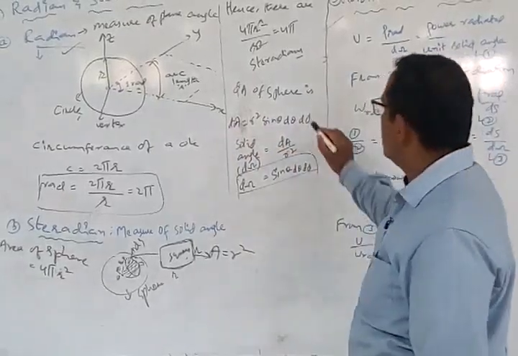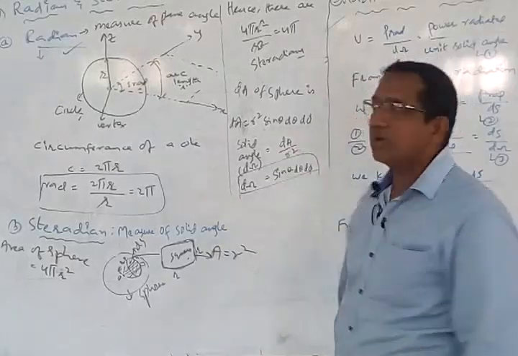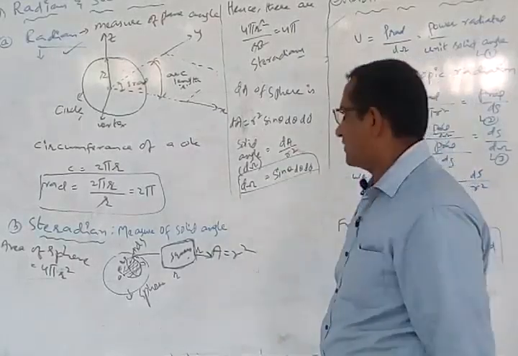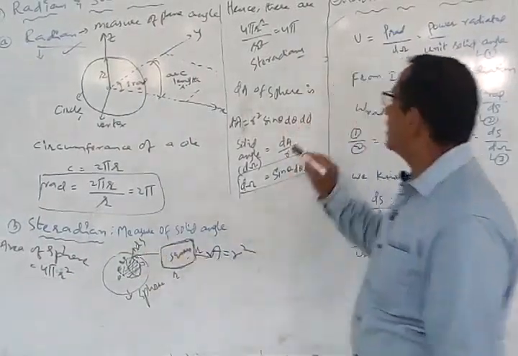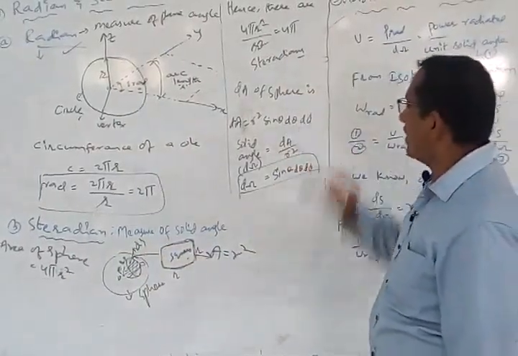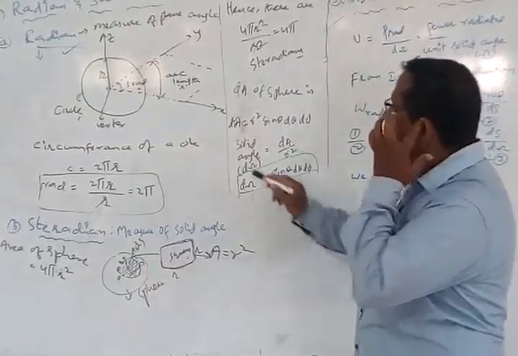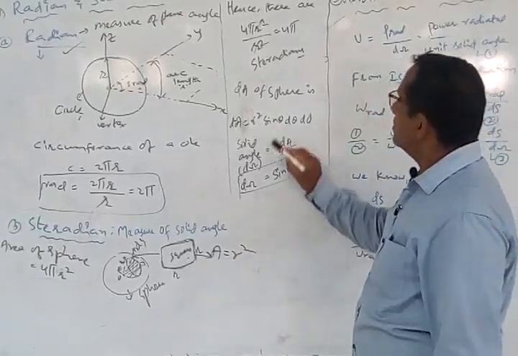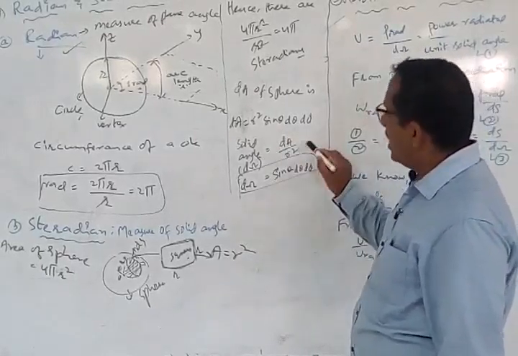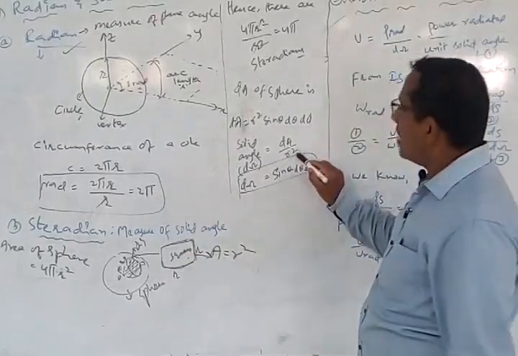So we have just simply used that differential area of a sphere, if you take r as constant at a particular place. At a particular place here I find out the differential area, which is nothing but r square sin theta d theta d phi. Now with respect to the differential surface area, what is the solid angle? Solid angle is nothing but the surface area by the occupied surface area, which is r square.